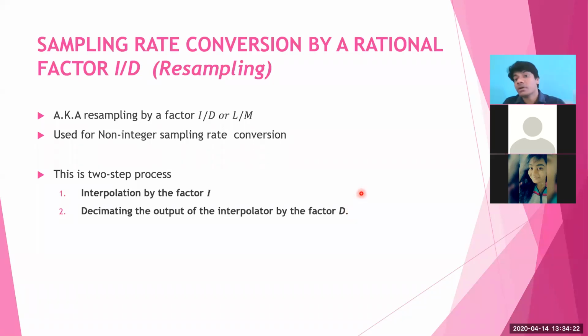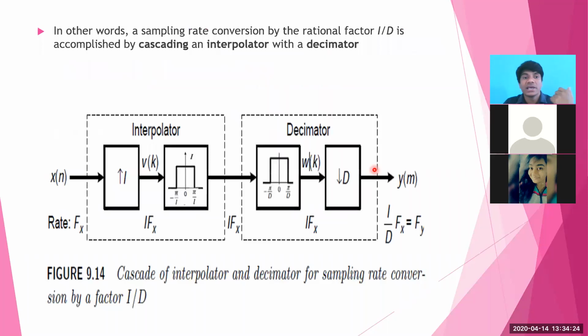So there are a couple of filters, right? We know what an interpolator is. In other words, we can say that resampling or sampling rate conversion by a factor of I by D is like cascading an interpolator with a decimator.